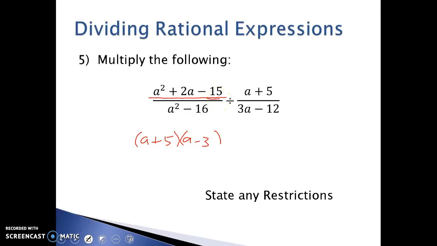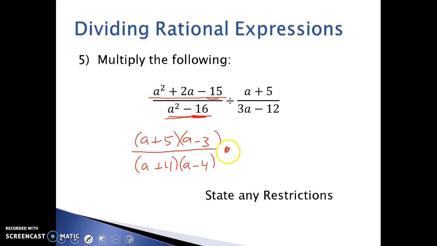But then 5a and a negative 3a gives me positive 2a. Well, if I factor the denominator of the same fraction, that's this part right here, I'm going to have a times a and a positive 4 and a negative 4 multiply together to give me the negative 16, but they add together to give me nothing in the middle.